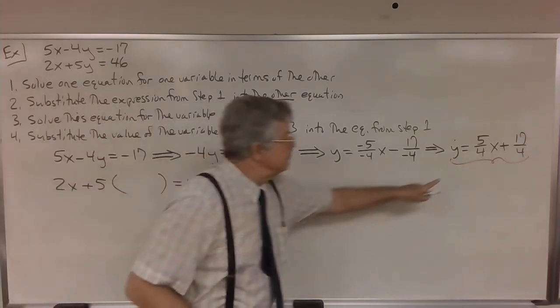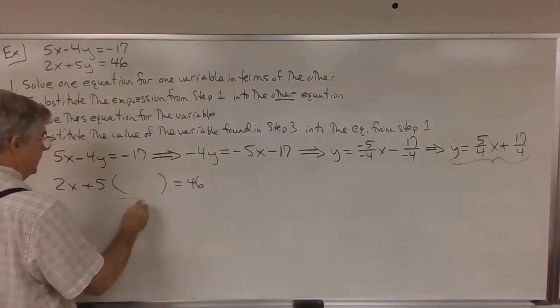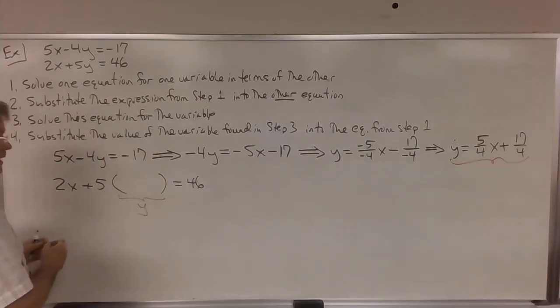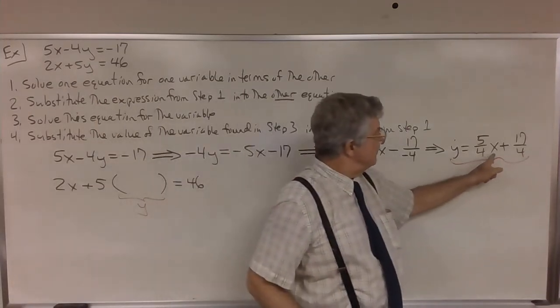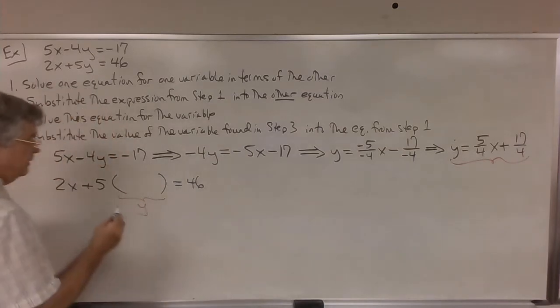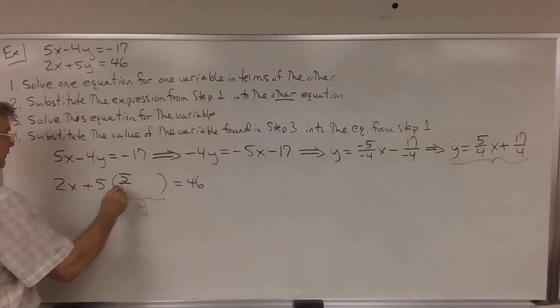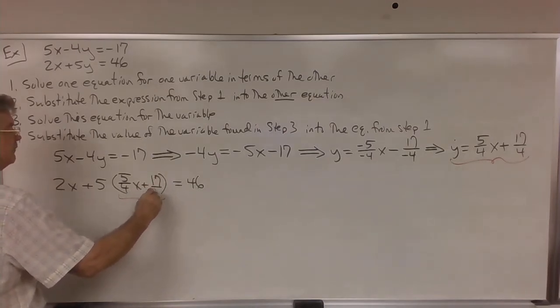And my expression is for y. So y equals 5/4 x plus 17/4. I'm going to plug that in here: 5/4 x plus 17/4.